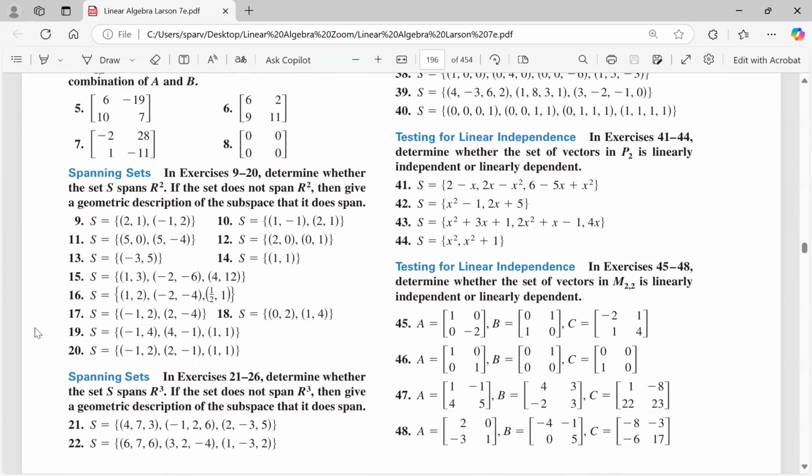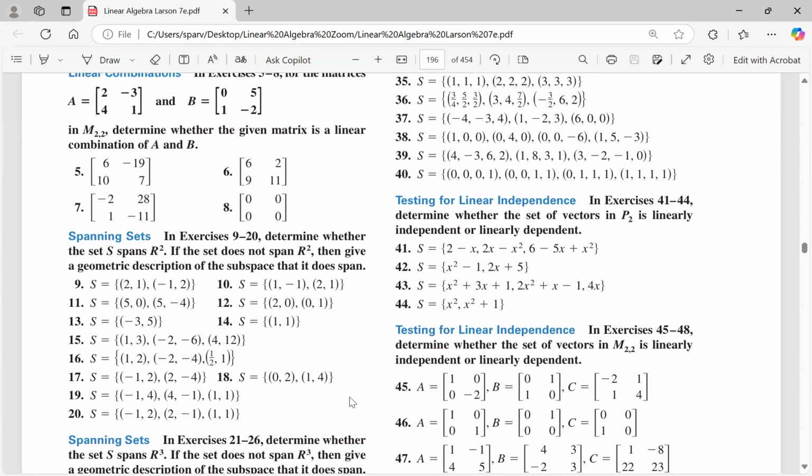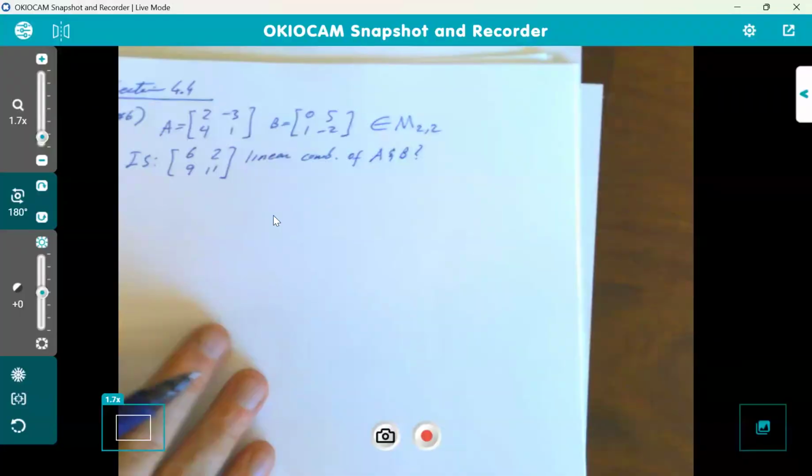We're going to look at the spanning sets. But first, let's take a look at number 6. Can I write this matrix as a linear combination of the other two? So we're going to change my share now. And so here we go.